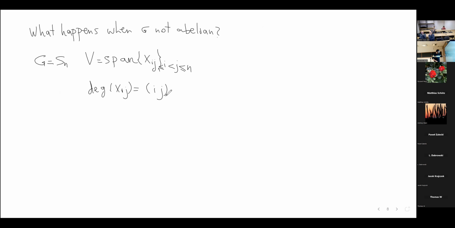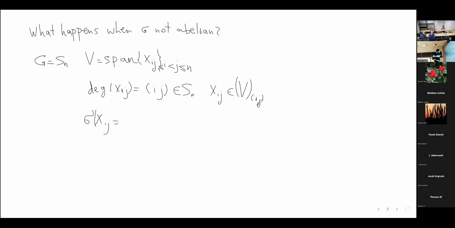And I should tell you what sigma acts on Xij as. The Xij are inside V, in the (i j) homogeneous component, because V is braided by the group.